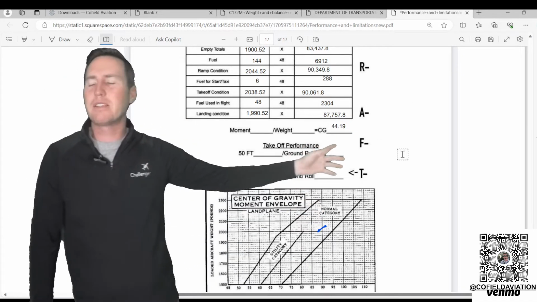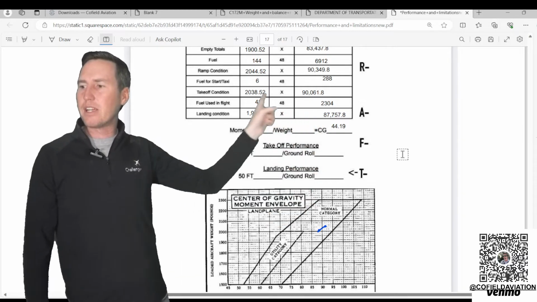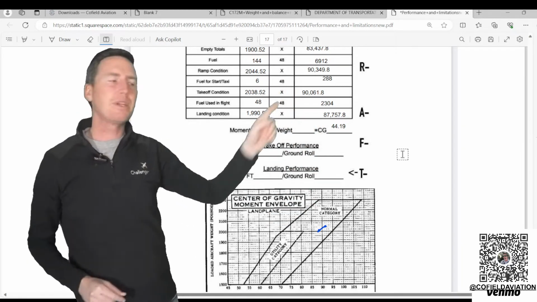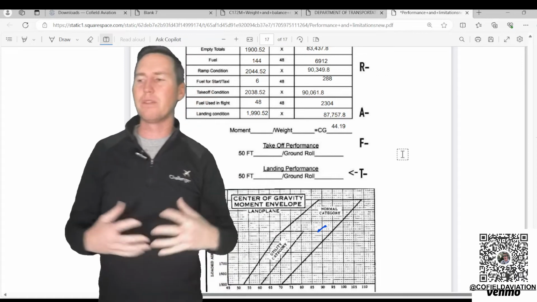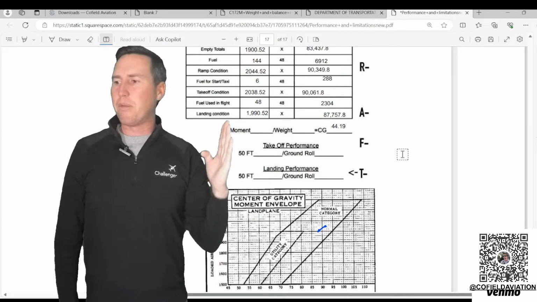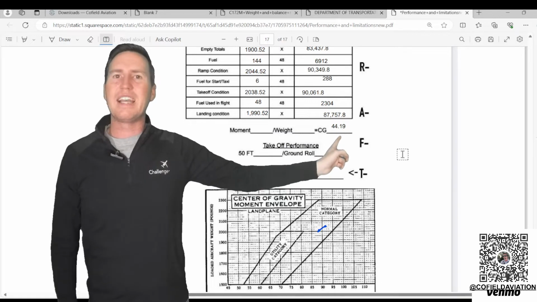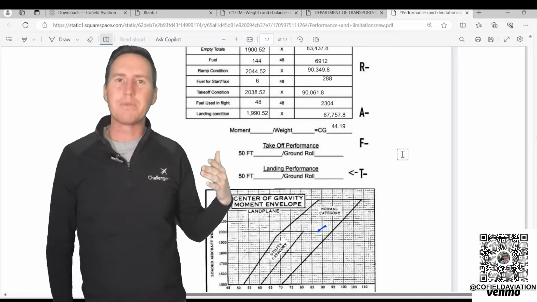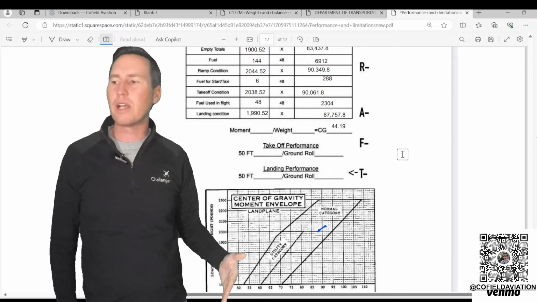So what does that mean? That basically means that in this scenario, with the bags that we have, with the people that we have, with the fuel that we have, if we set it on a pole at 44.19 inches after the datum point, remember where that datum point is? It's a point of reference.